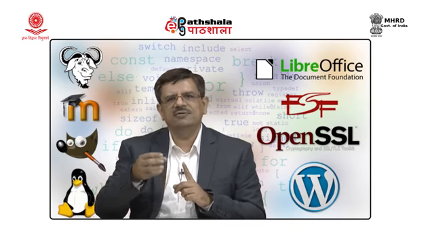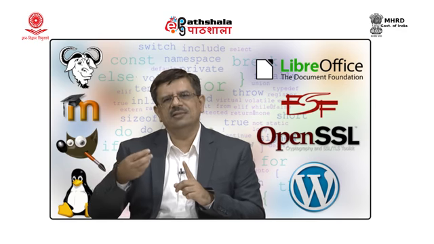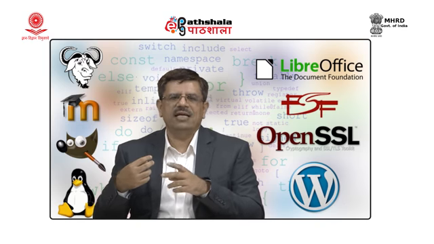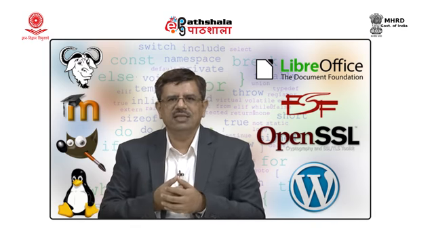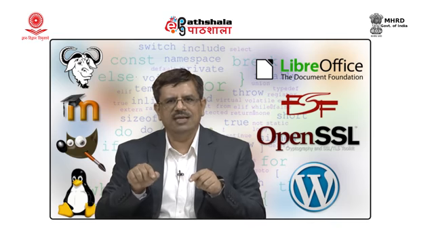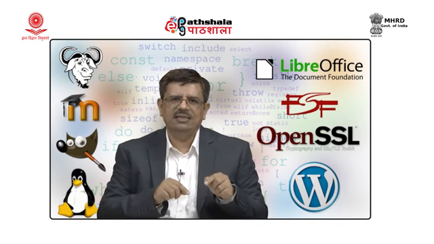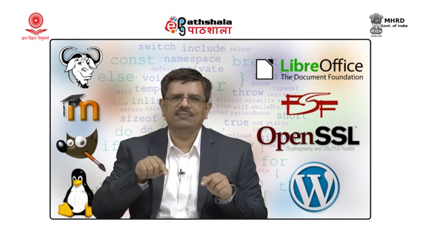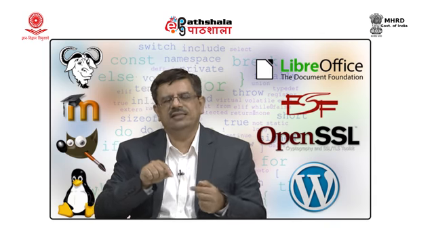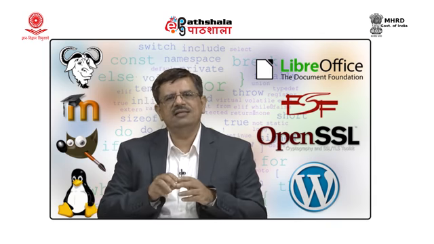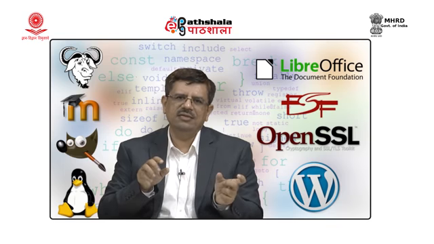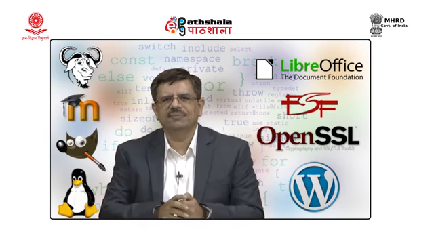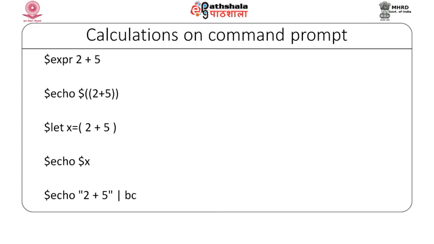We can save the content in some other variable, say a third variable can contain the content of 2 plus 5, but when we are typing at the shell command there is no need. We can also use dollar and double brackets, but when we are using let, the content is stored in the variable and then we have to display the value of that content. And finally, BC uses the expression, that is echo is piped into BC and BC will evaluate that expression and display the content. So, there are 4 different ways that we can use.